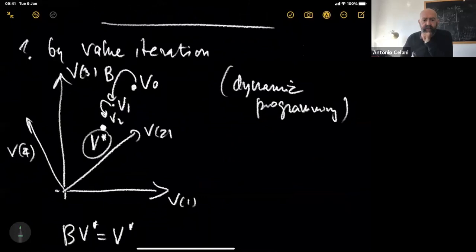Again, if you want to play around with these two approaches with a two-state two-action model, then you can clearly visualize everything, because the value space is two-dimensional, the policy space is two-dimensional, so you can really see these points moving around, and it gives, I think, a very, very neat interpretation.